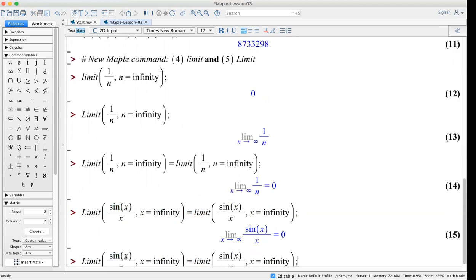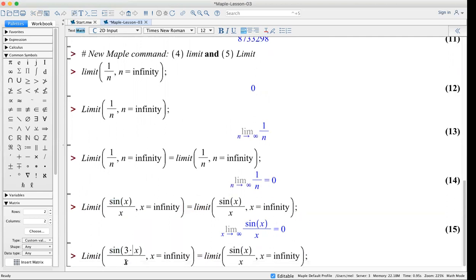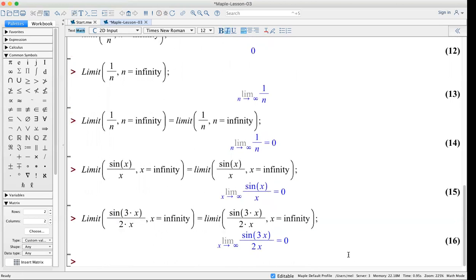And if you had sine of 3 times x, for example, over 2 times x, oops, sorry.